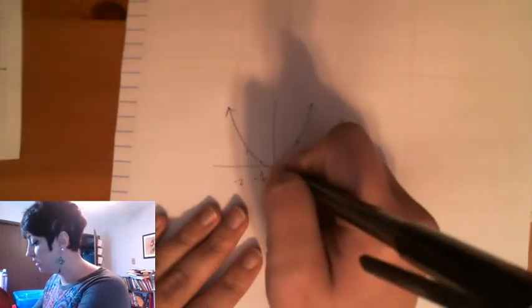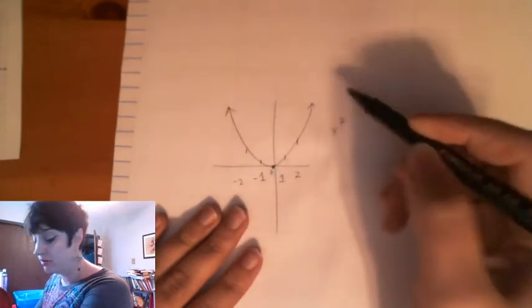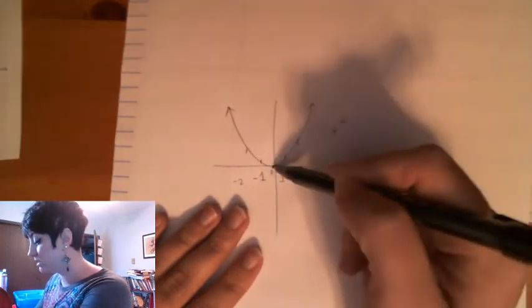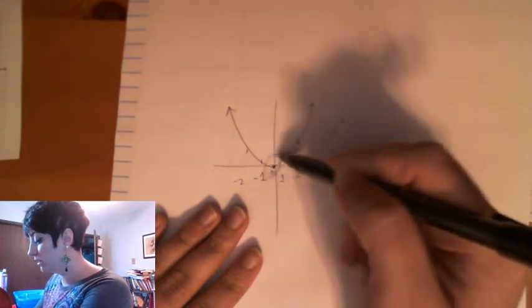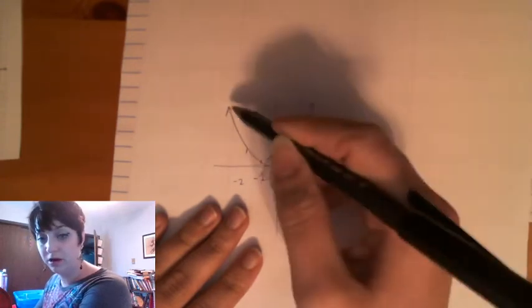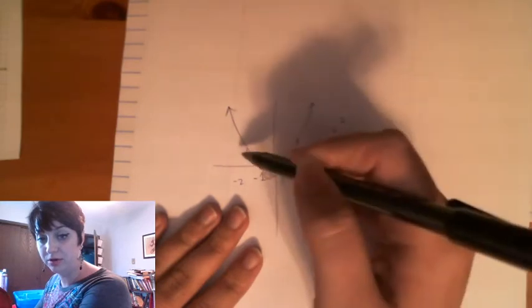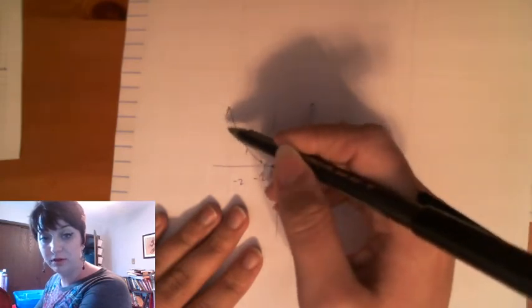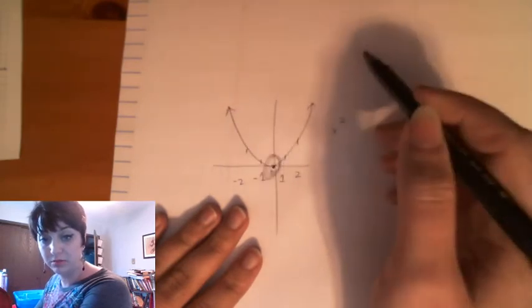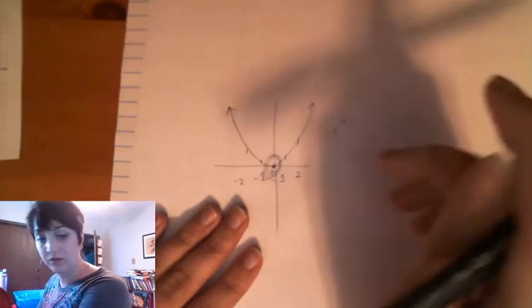When x is negative, I get something positive. When x is positive, I still get something positive, and I have 0. This point where it flips from going down to going up, or from the thing that I'm squaring being negative to the thing I'm squaring being positive, that is called the vertex.